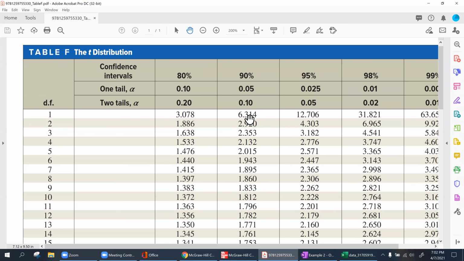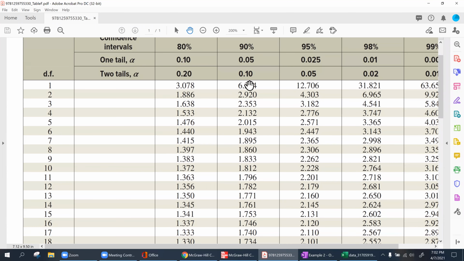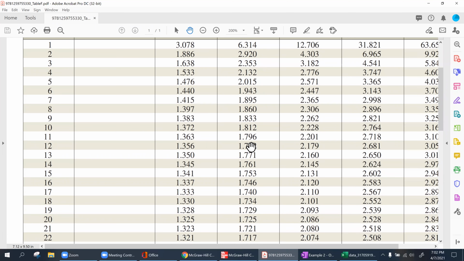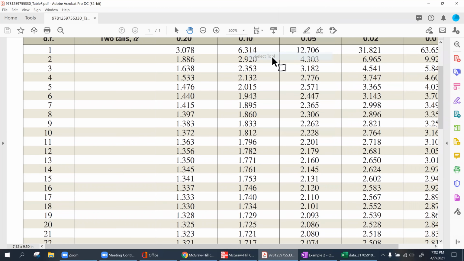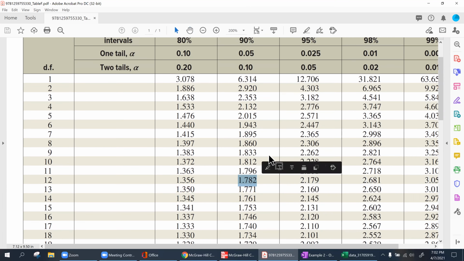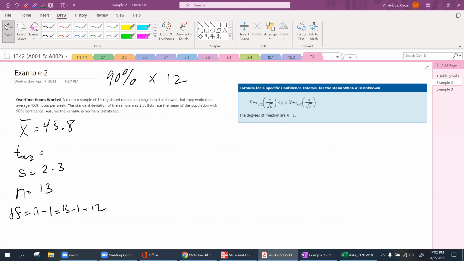I have 90%, and I'm going to scroll down until I see 12, which is right here. I've crossed that with the 90% confidence interval and my degrees of freedom, and I get 1.782. Very nice.